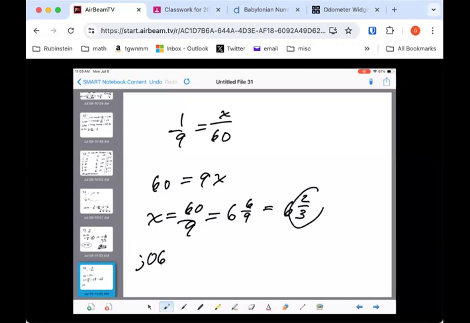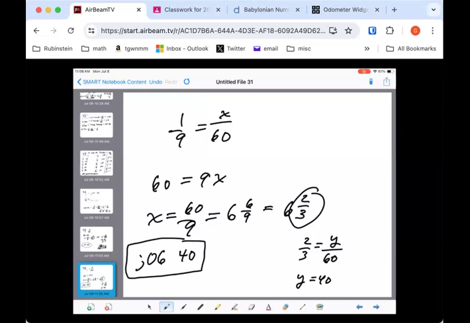And then I take the remainder, the 2/3, and I turn that into 60ths, and it becomes 40. Which is the right answer.